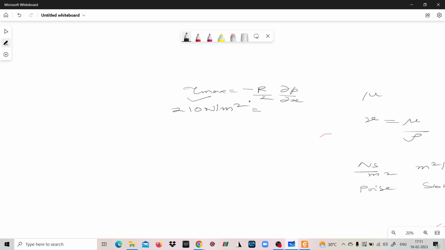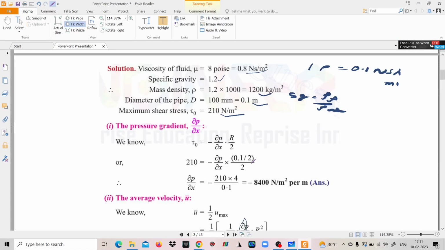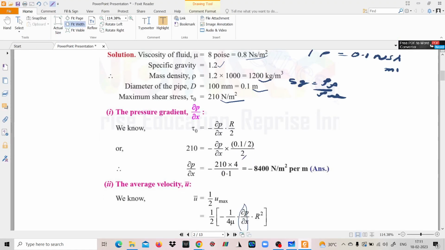R is given to you because the diameter is given. So you can find del P by del X. So del P by del X is approximately 8400 Newton per meter square.